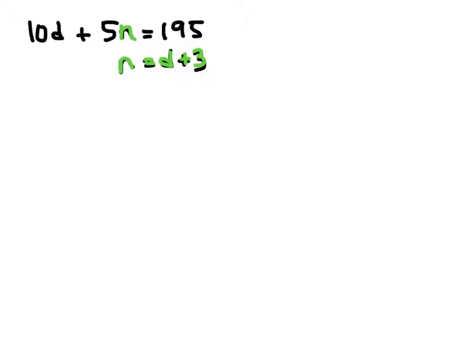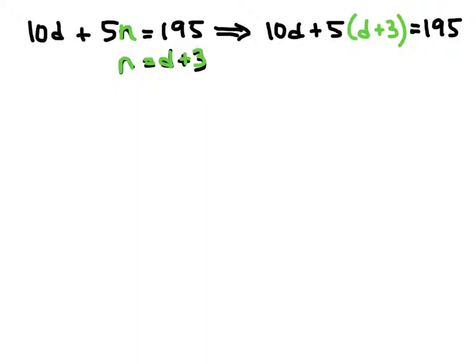So the first equation becomes 10d plus 5 times d plus 3 equals 195. Notice that this equation is now only in one variable, and we will use our equation solving strategies to solve for d. So to do that, we will get rid of parentheses by using the distributive property.